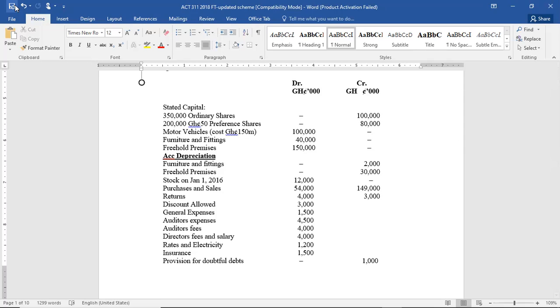So first item that appears on your trading profit and loss or your income statement is turnover. You write turnover. And under the notes, you put 1 because turnover was the first workings you did.